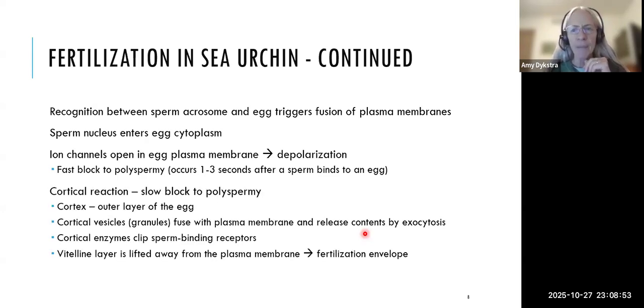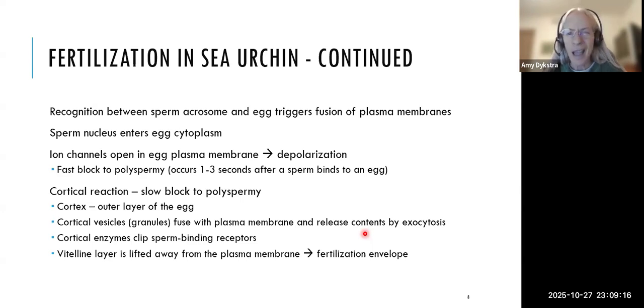Then the next thing that happens are changes within the outside edge of the egg cell. So the outside of any organ or any cell is called the cortex. You've probably heard of your cerebral cortex. Well, that's just the outer layer of your cerebrum. Your kidneys also have a cortex.